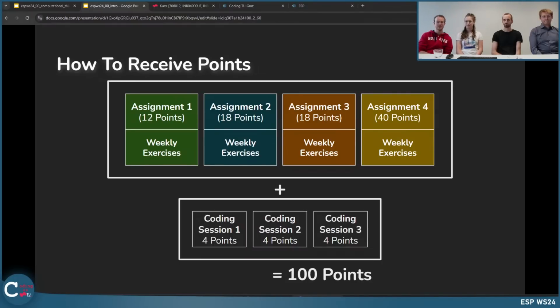In particular, I want to highlight that assignment 4 has 40 points, so this is a really large part of the course, because in this assignment you will practice everything that you've learned during the course. The assignments should be 88 points, and then you have another 12 points for those 3 coding sessions. Each of them rewards you with up to 4 points. And that's everything you need to do for the practicals, no exam.